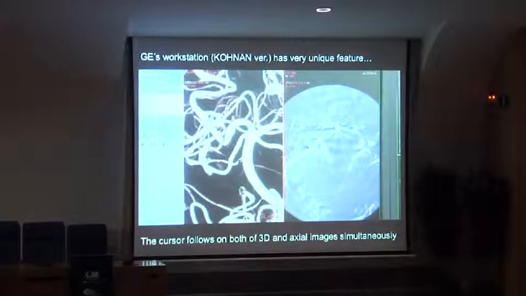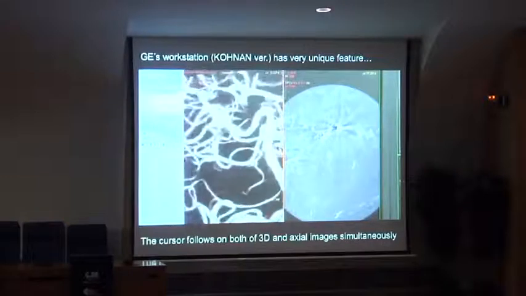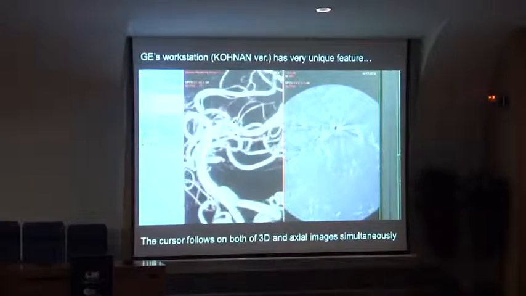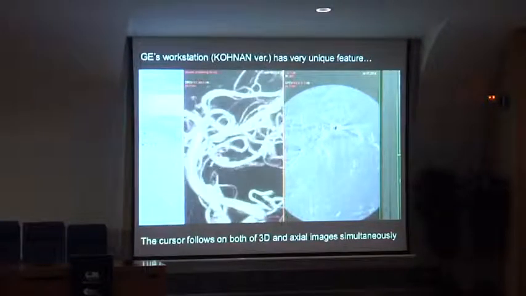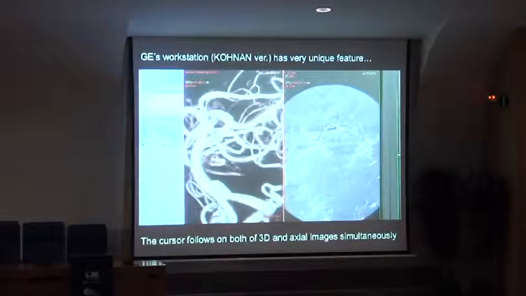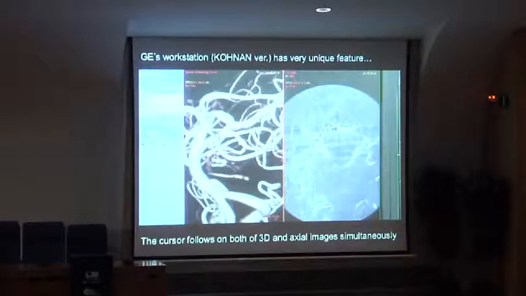If you put the cursor on the 3D image, now it's on the feeder, the cursor follows both the 3D and axial images simultaneously. It helps a lot to understand angioarchitecture in detail. Change the angle and move the cursor. You can see here the nidus.